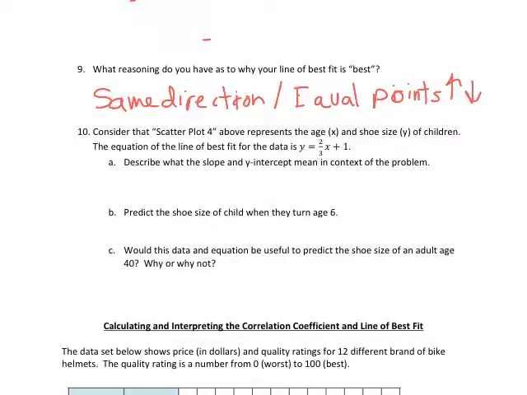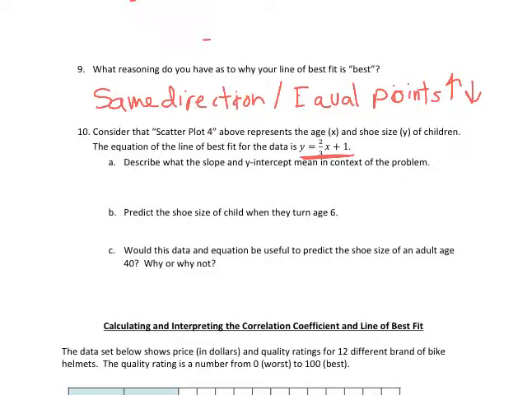So consider that scatter plot 4 above represents the age and shoe size of children. So the equation of the line of best fit is y equals 2/3 x plus 1. So all of the lines of best fit that we'll have will be in slope-intercept form. Okay?